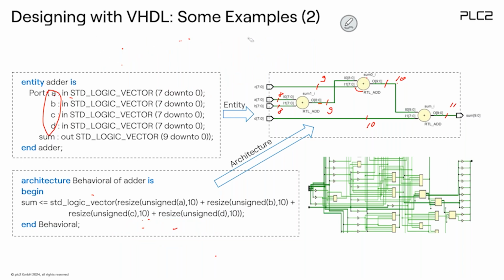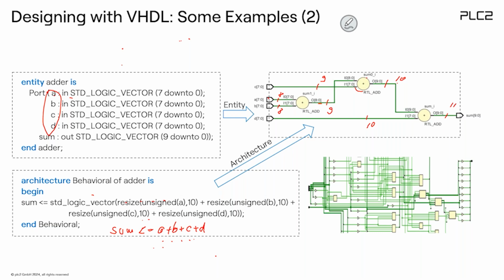Please note the following. What I'm doing here, let me again write it here. If I just don't use the resize to make it simple, then we get sum is A plus B plus C plus D. If you don't use any parentheses, you will really get the implementation from left to the right.